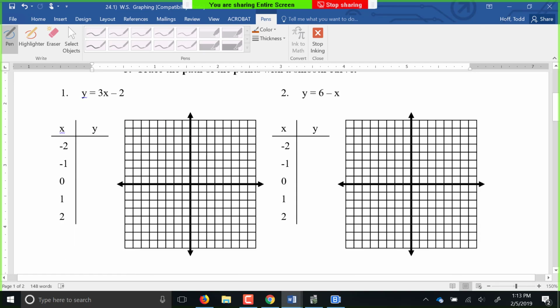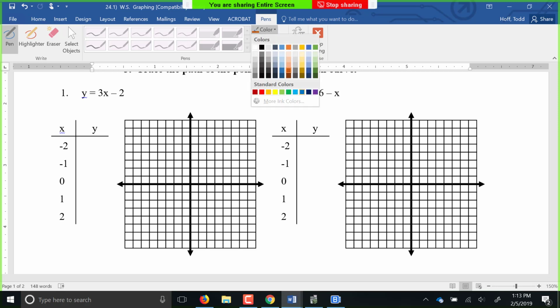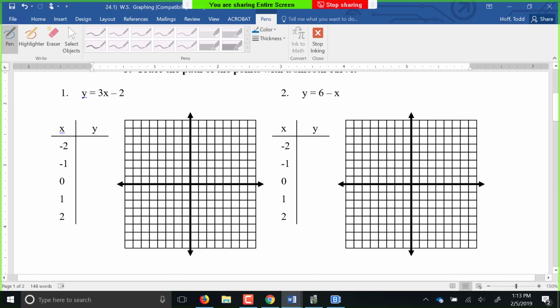There, it fixed the format a lot. So for the first one here, y equals 3x minus 2. I'm not going to put points in the table. The table is there. You can put points in it if you'd like to, but it gives us a line that looks something like that.